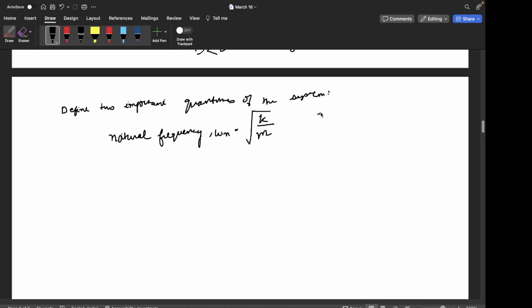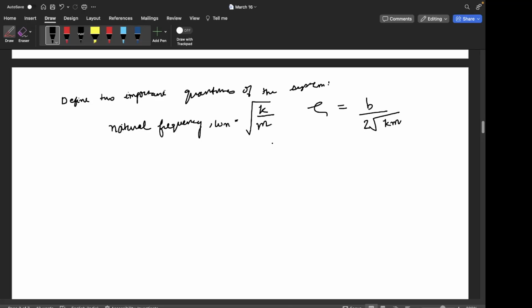And the second term is the damping factor. This is b by 2 under root km. Okay, so first is the natural frequency.